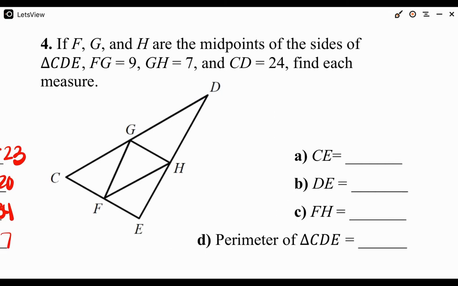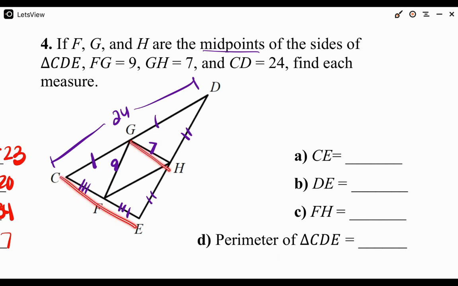Number 4. I'm going to go in and put all my pieces in. We know that we have midpoints, so that means we have our segments cut in half. FG is 9, GH is 7, and CD is 24. So CE is going to be twice the midsegment, so 2 times 7, which gives us 14.